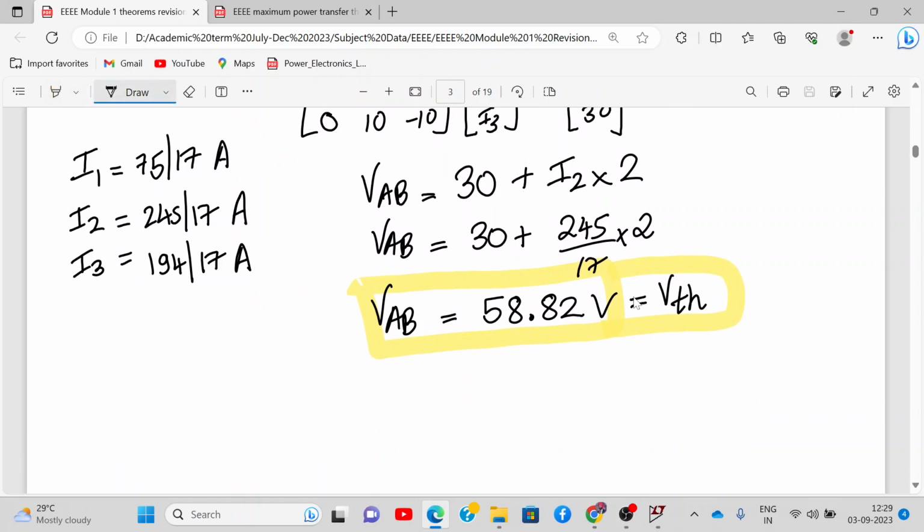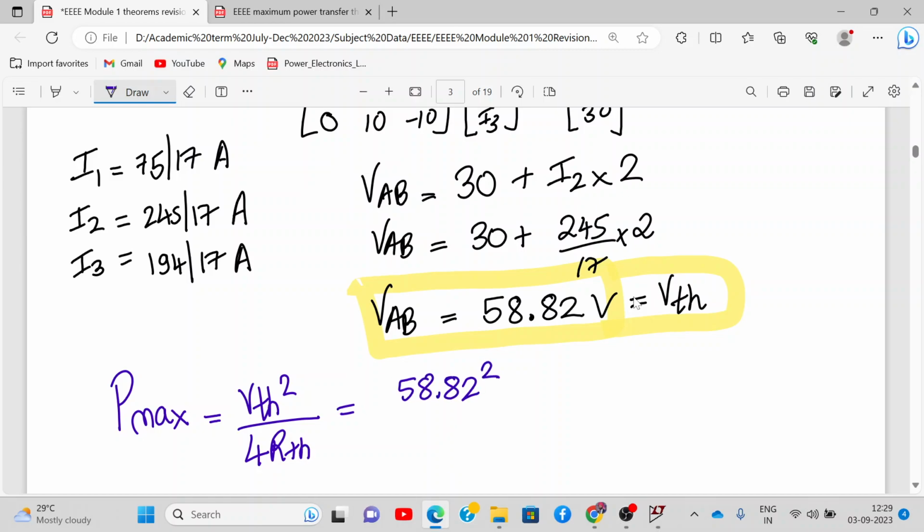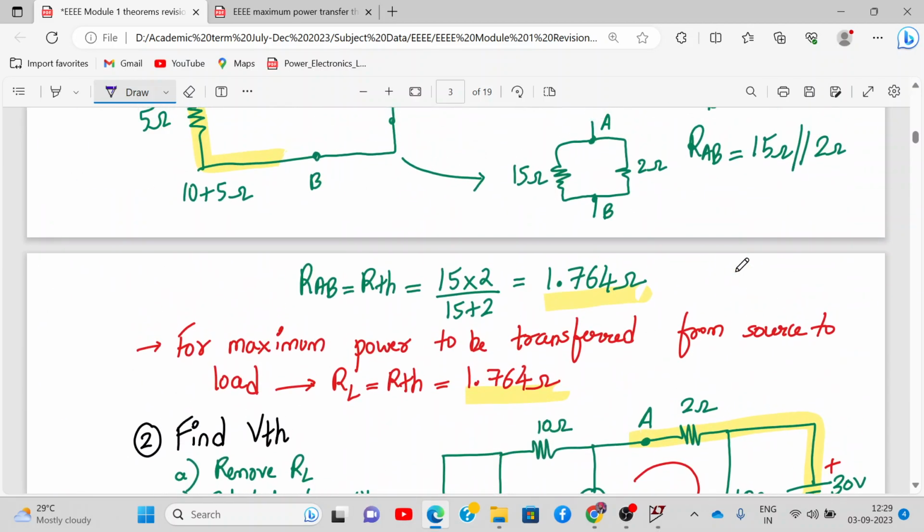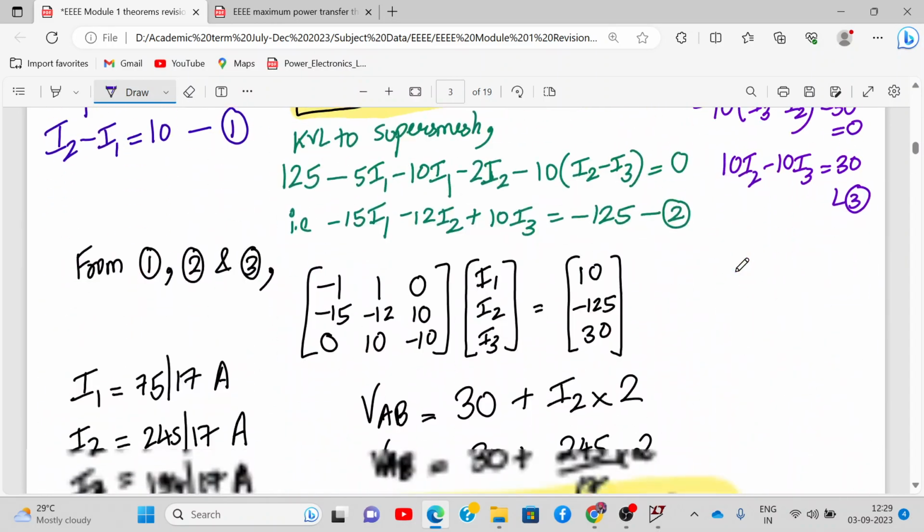So now the only thing left is to calculate Pmax. So Pmax is, you can draw a Thevenin's equivalent circuit, that is fine. But in order to save time, I'm writing VTH square upon 4 RTH. So VTH is 58.82 square divided by 4 into what? How much was RTH? RTH was 1.765.